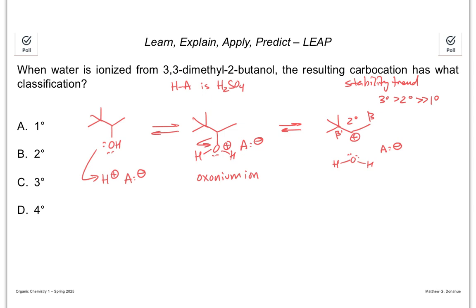But if we look at the beta prime, we can move a methyl group over. So that whole methyl group moves with those electrons. And that will result in the formation of a tertiary carbocation.